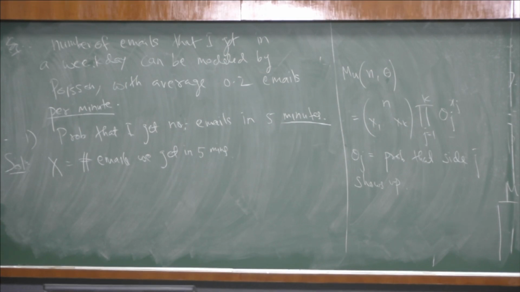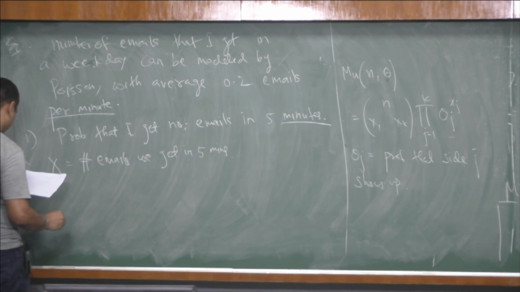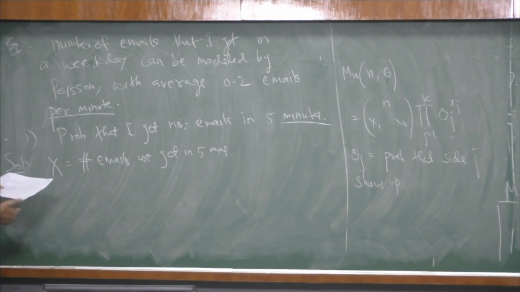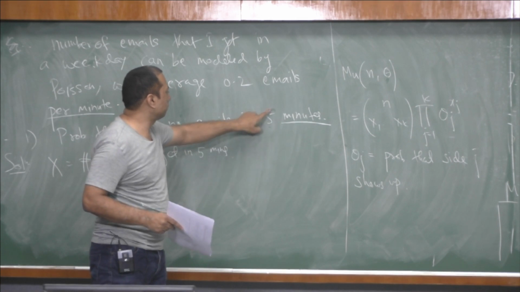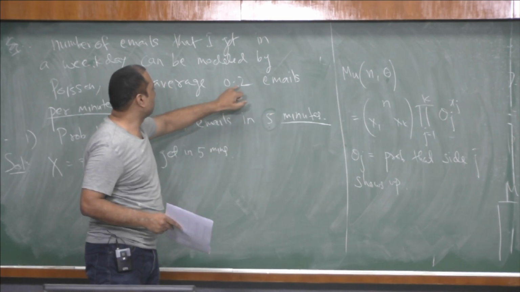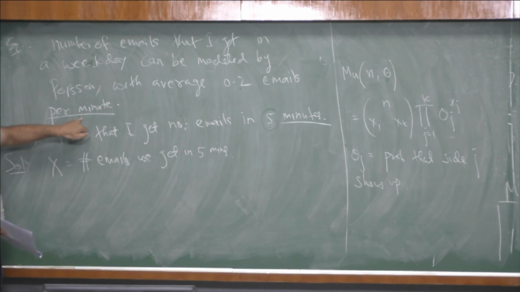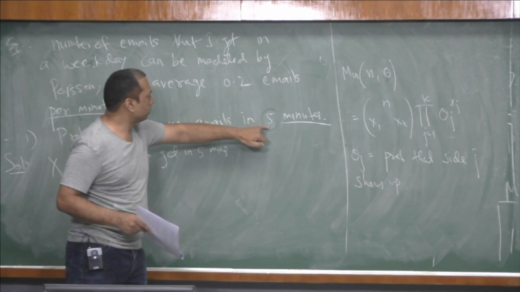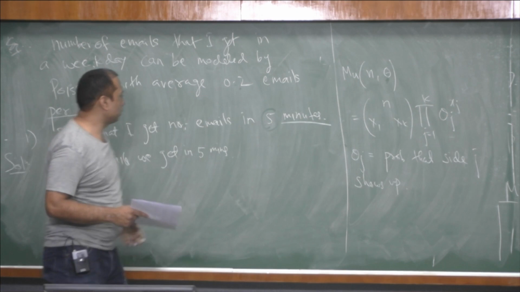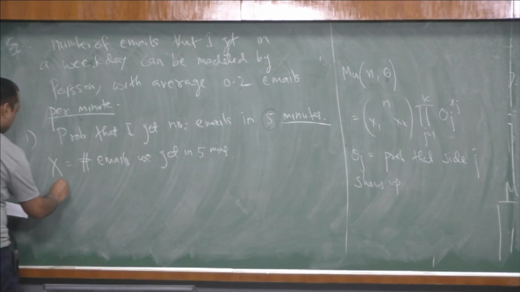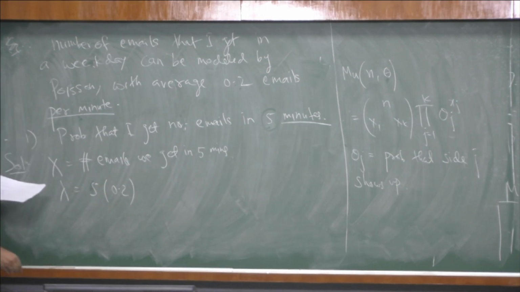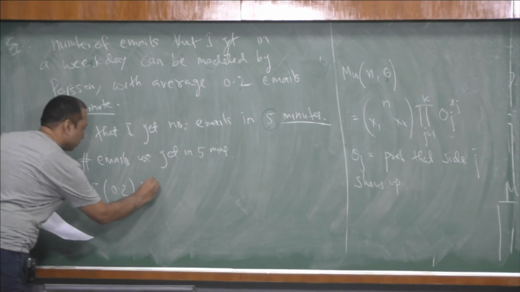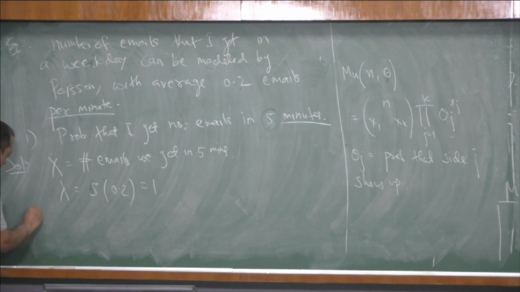The problem is asking for no email, so X is 0, and lambda, since it's being asked in 5 minutes, lambda also has to be scaled with this. Lambda 0.2 is emails per minute, but the question is 5 minutes, so the average has to be scaled accordingly. So lambda will be 5 times 0.2, which is 1.